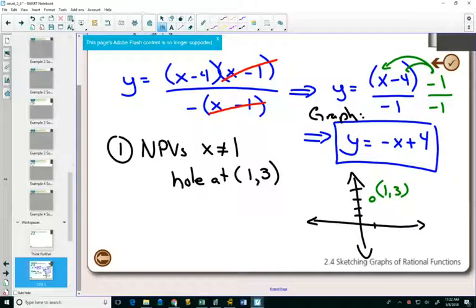How do I graph this line? Well, I know it has a y-intercept of 4, a slope of negative 1, down 1, over 1, down 1, over 1, down 1, over 1, down 1, over 1. Could label my x-intercept then as well. Just draw your straight line with a hole in it.